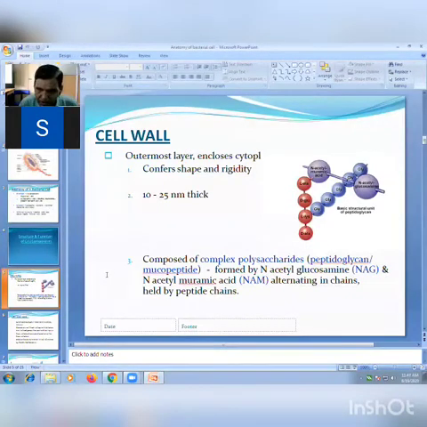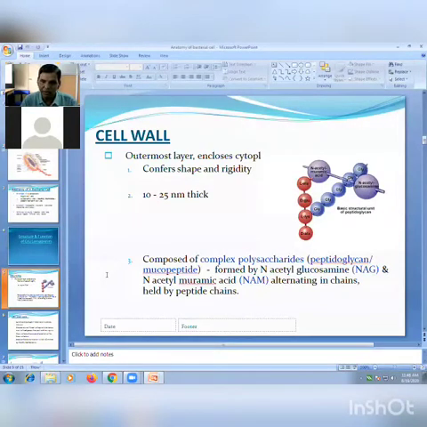This tetrapeptide side chain consists of L-alanine, D-glutamic acid, meso-DAP, and D-alanine. These four different amino acids are attached to the N-acetyl muramic acid. Such a whole structure is responsible for the formation of one glycan strand. One glycan strand consists of two sugars, N-acetyl muramic acid and N-acetylglucosamine, and also the tetrapeptide side chain.